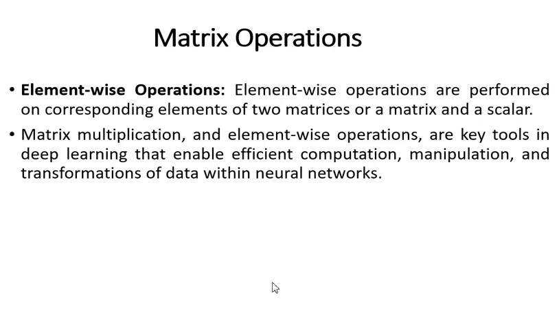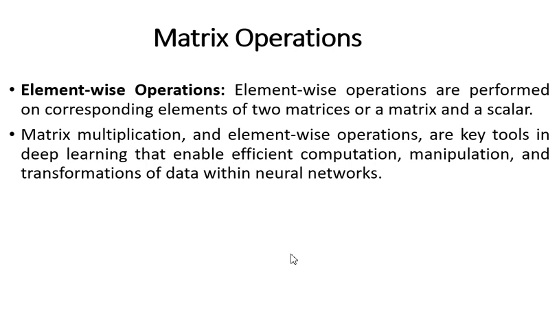Next, matrix operations. We are all already familiar with matrix operations. These are also element wise operations. All of these will be useful for the deep learning, neural networks and machine learning training process.